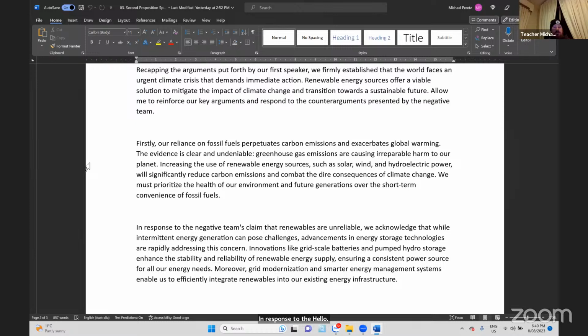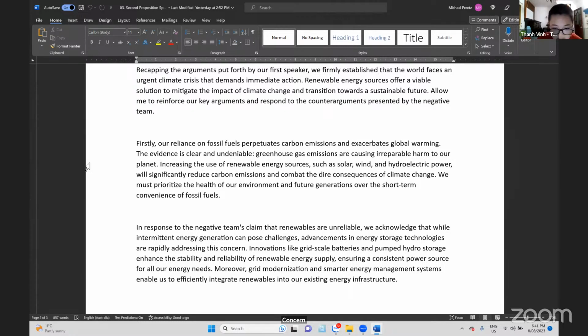In response to the negative team's claim that renewables are unreliable, we acknowledge that while intermittent energy generation can pose challenges, advancements in energy storage technologies are rapidly addressing this concern.